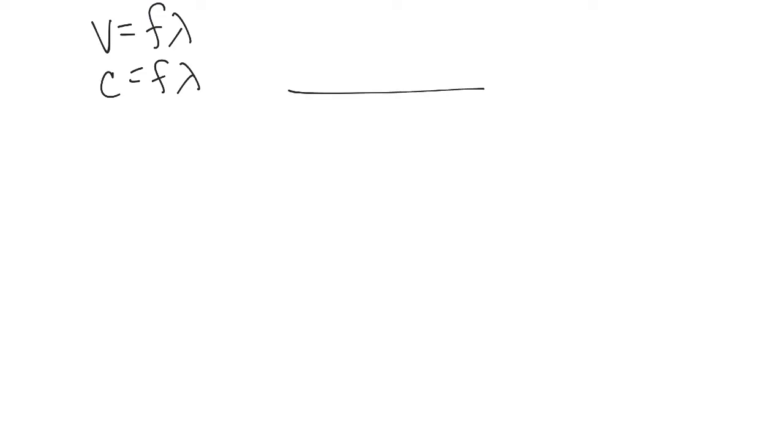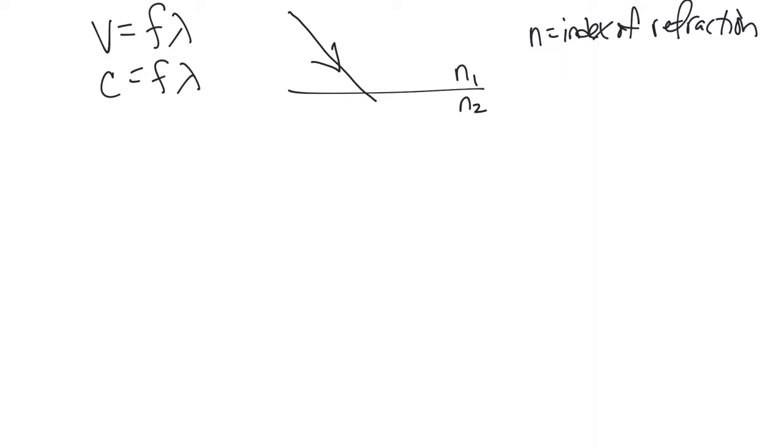So let's say we have two different materials, with light coming in here. n is, of course, the index of refraction, sometimes called optical density.